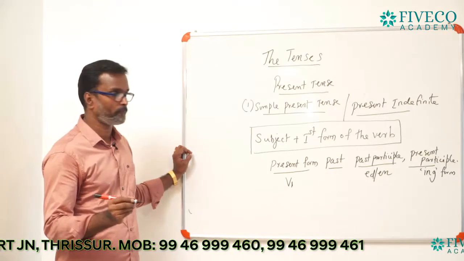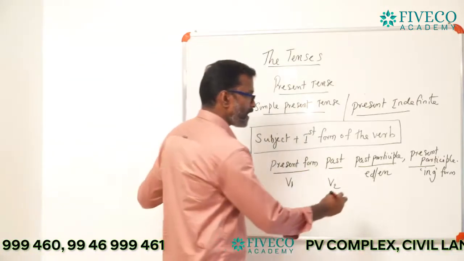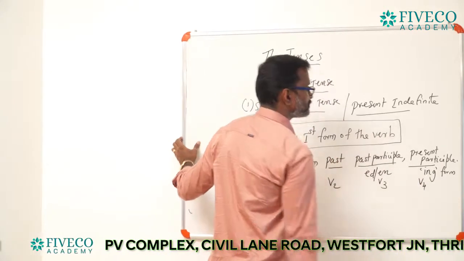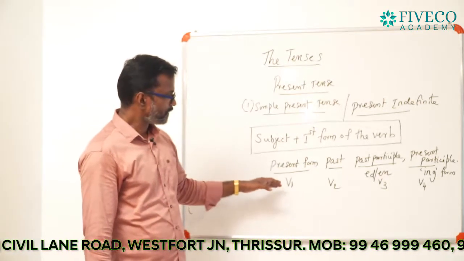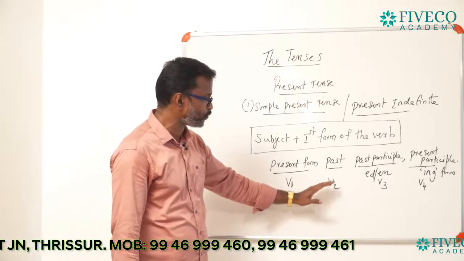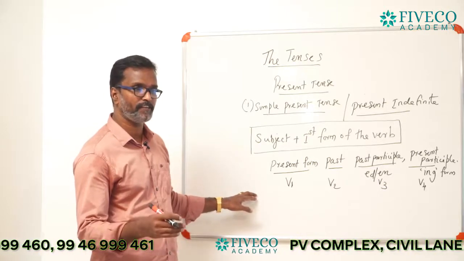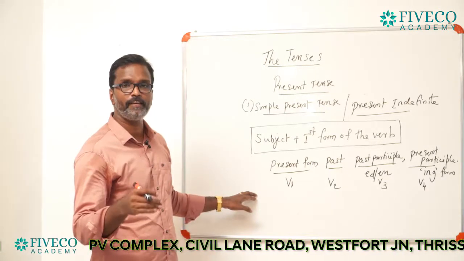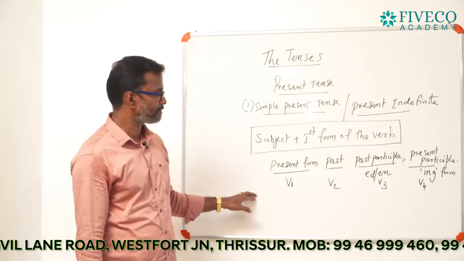That is called a present form. And past form is a V2. And past participle is a V3 and the last form is a V4. These are the 4 forms. And anyway, you want to study the three divisions V1, V2 and V3. And you know, some teachers, they will never use the word present form, past form and past participle. They will use only V1, V2 and V3. You know, some techniques used by the teachers.